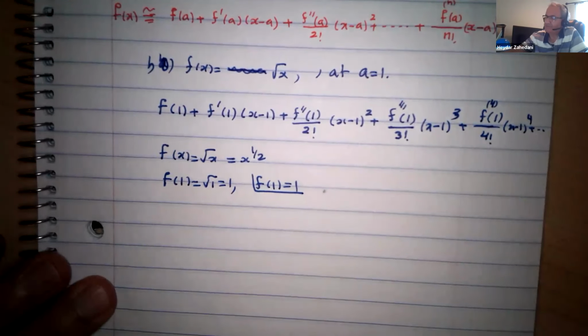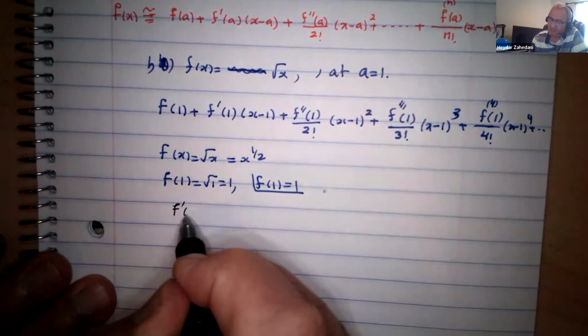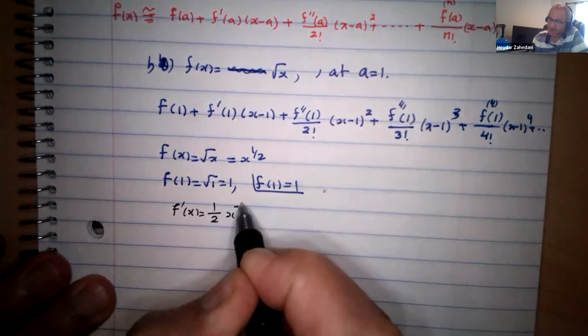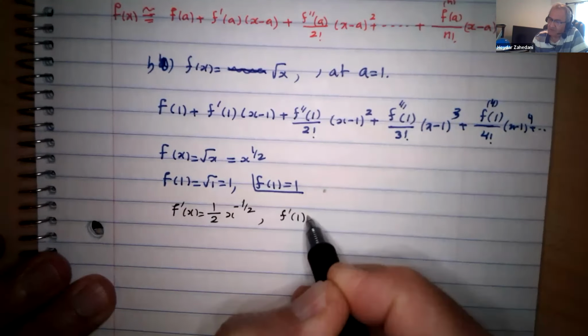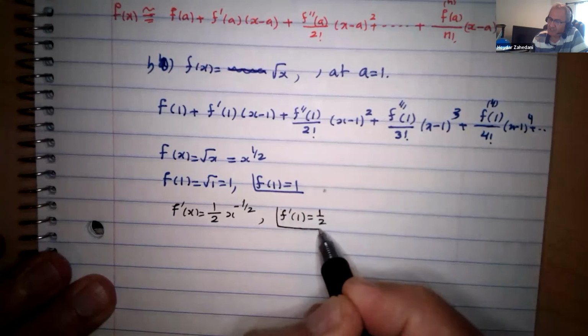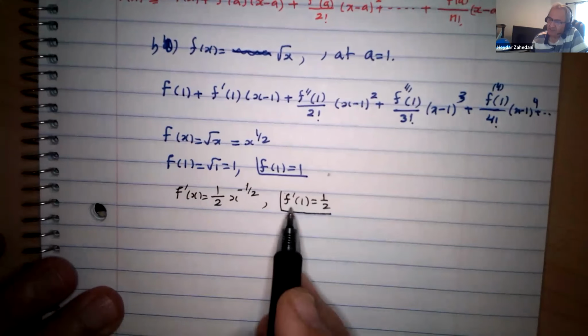Then you want to find f prime, differentiate. f prime of x is going to be 1/2 x to the negative half. So you want it at 1, you substitute so that you get 1/2, because 1 to the 1/2 is just 1. So that's f prime of 1.